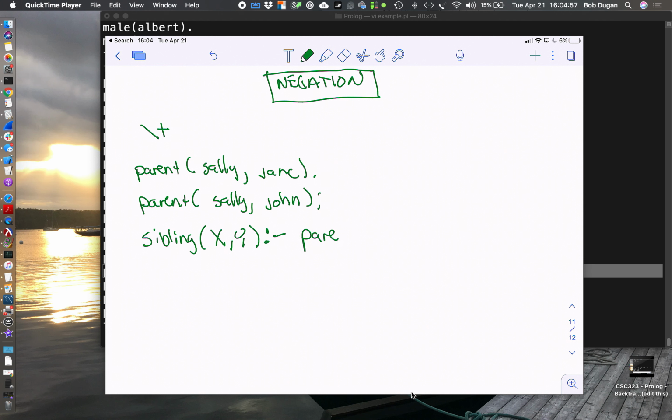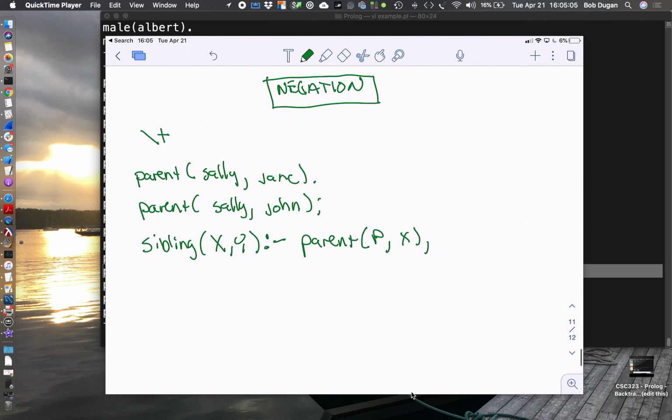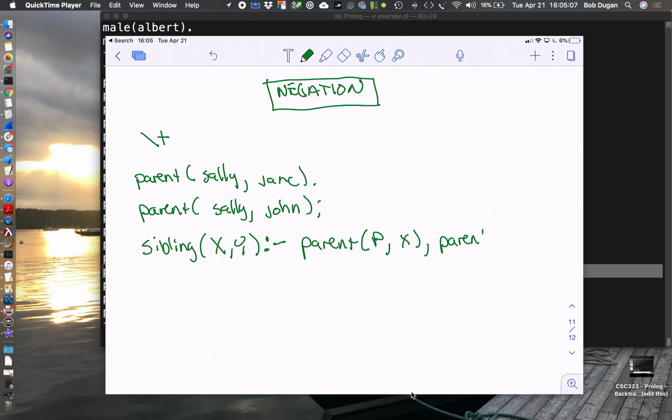There's some parent, P for X, that is the same parent, P for Y. And if we did a query like this, sibling X, comma, Jane, in other words, who are Jane's siblings? When this gets resolved, we're going to get two answers. We're going to get X equals Jane and X equals John.